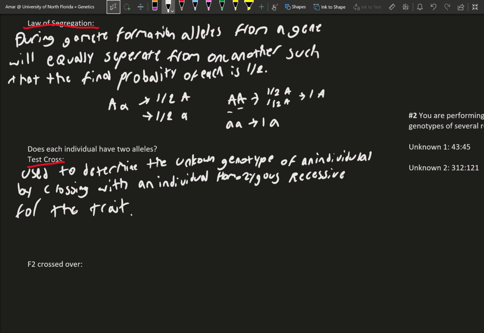So basically what he's doing here is he hypothesized that you would have two alleles, and you would get a data set, which we're going to go over in a couple of minutes as practice. From that data set you can determine that this in fact is two different alleles causing this trait.